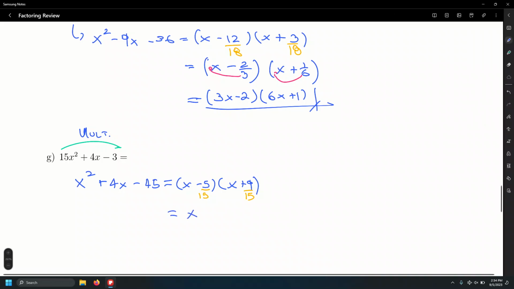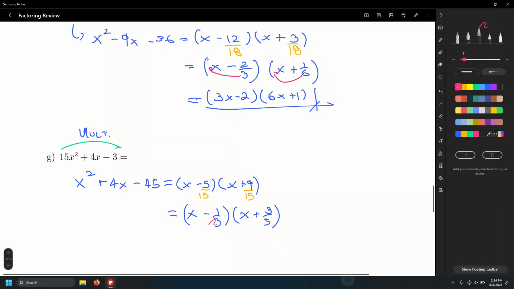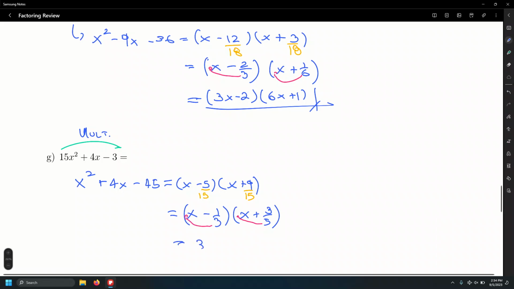So that'll be x minus 1/3, and 9 over 15, both are divisible by 3, that's 3/5. And again, that equals 3x minus 1 and 5x plus 3.